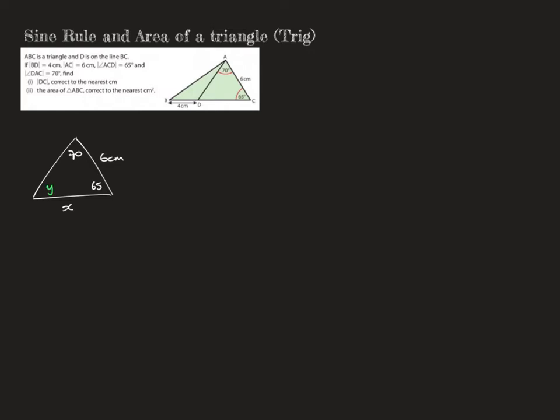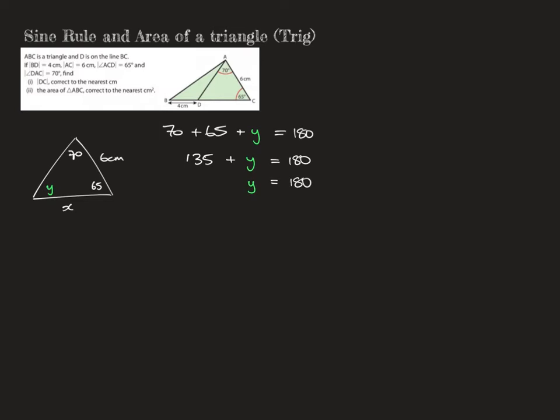If I add them up, I get 70 plus 65 plus y equals 180 degrees. I can type that into my calculator, or work it out. 70 plus 65 is 135. So 135 plus y is equal to 180. In order to find out what y is equal to, I need to isolate the y term, and bring everything else to the other side.